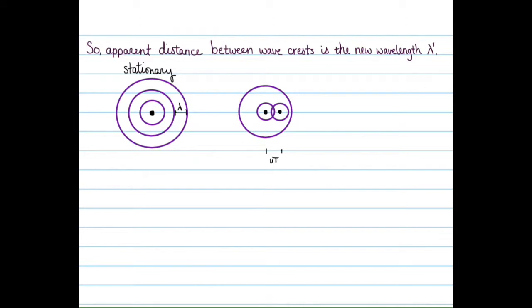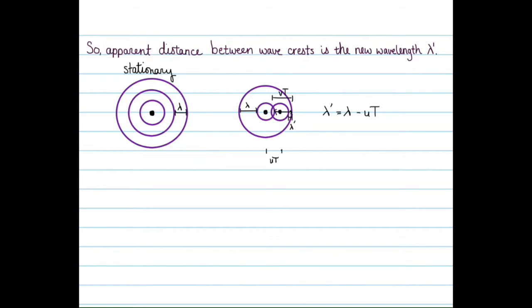But in that time period, that first wave has expanded out, and the distance between the two waves is going to be velocity times time, the velocity of the wave, and that distance is also equal to the wavelength. We want to measure lambda prime, which is going to be the distance between the old wave and the new wave.